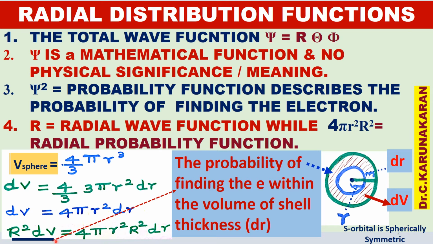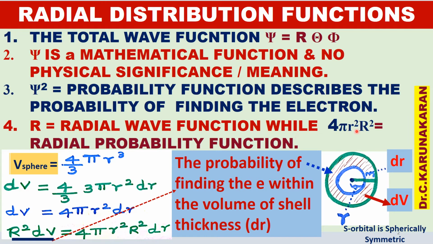Therefore, the probability of finding the electron within the volume of shell of thickness dr is R square into 4 pi r square dr.